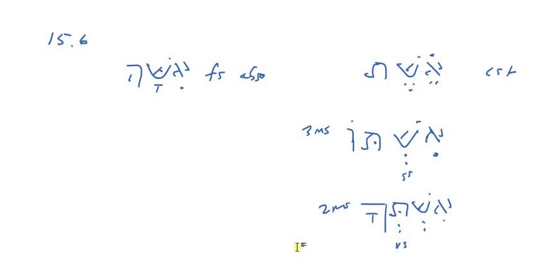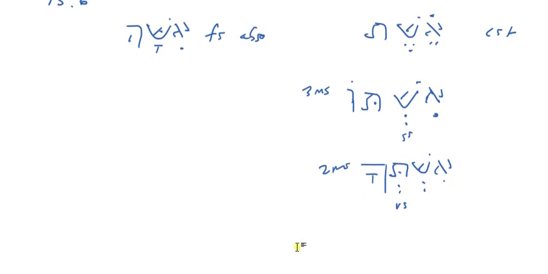Now what we want to do is contrast this with the plural form of isha, which is what? What's the absolute plural of isha? It's nashim. What gender does it look like? It looks masculine plural, right? But it is in fact still feminine plural, and that's wives.